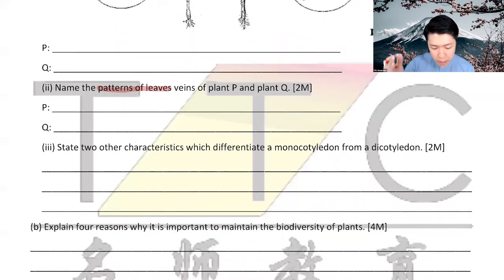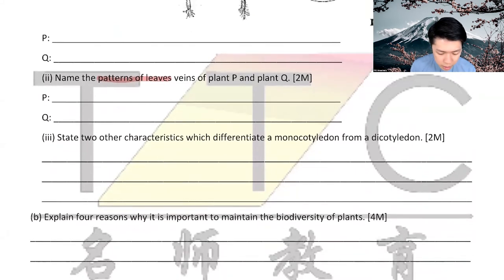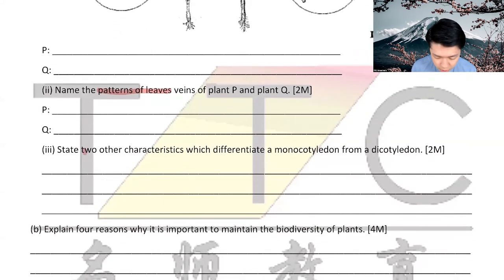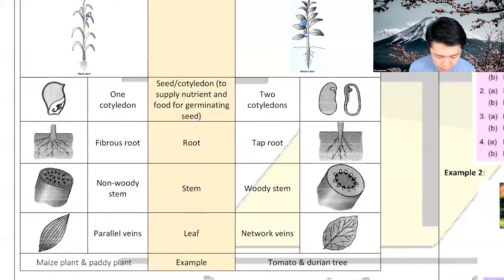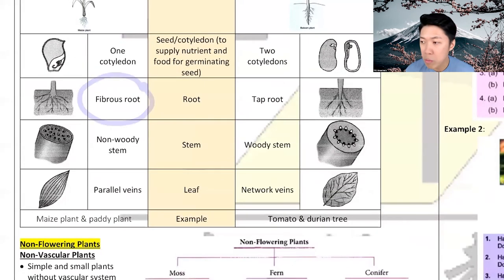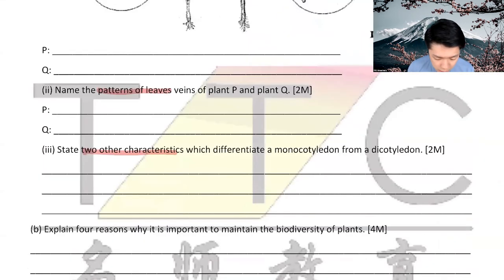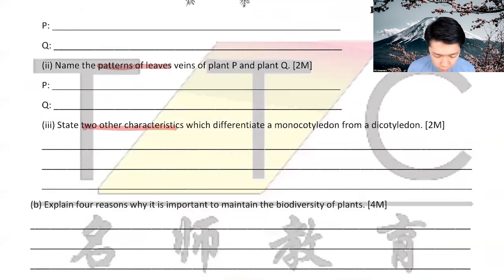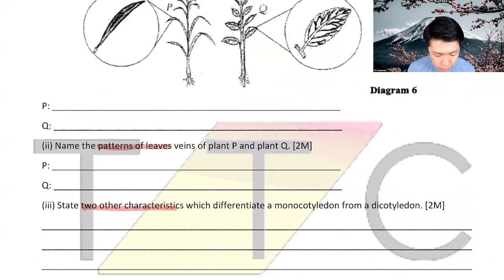Okay, so no problem. Number 3, ladies and gentlemen, state 2 other characteristics that differentiate mono and di. 2 other means, mono and di means parallel and network cannot be written anymore. Can you choose the rest? Like maybe roots. Yeah, you can write plant P has, wait, what is P? P is fibrous, right?